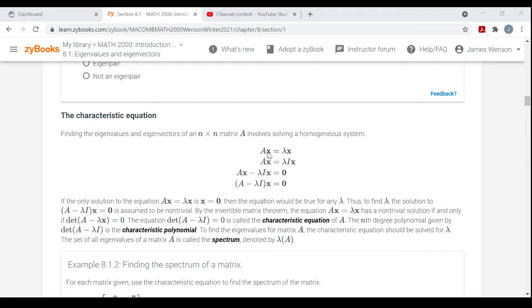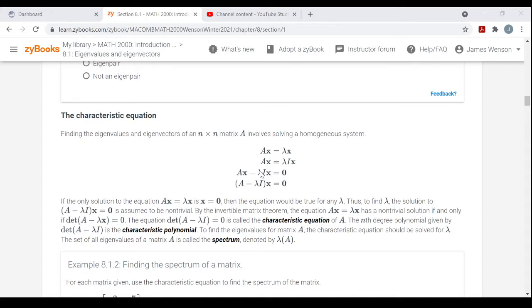So remember, if a vector x is an eigenvector of a matrix A, and a scalar lambda is an eigenvalue corresponding to x, then this statement should be true. A times x should be equal to the scalar lambda times x. And then just so we have matrices involved on both sides here, lambda times x is the same thing as lambda times the identity matrix times x.